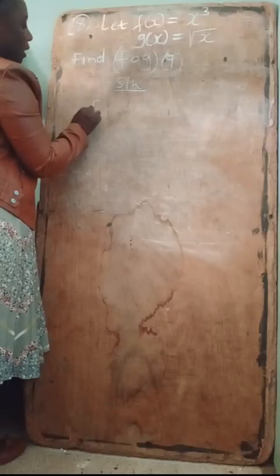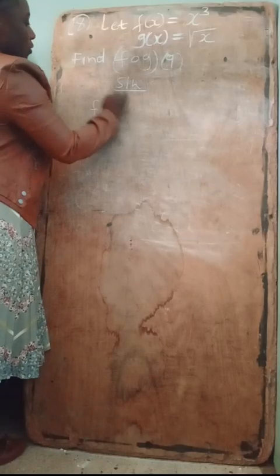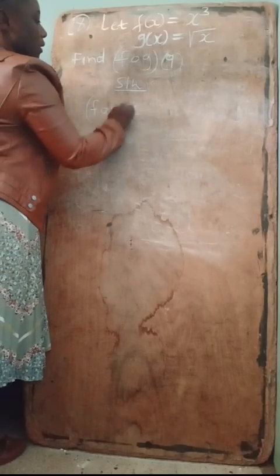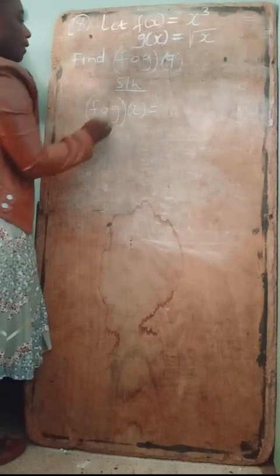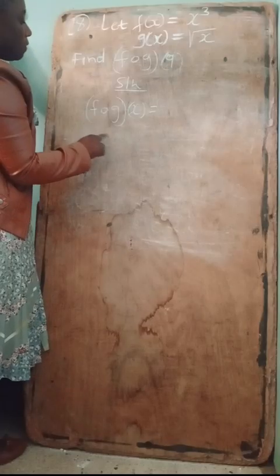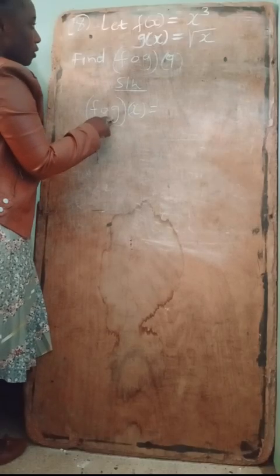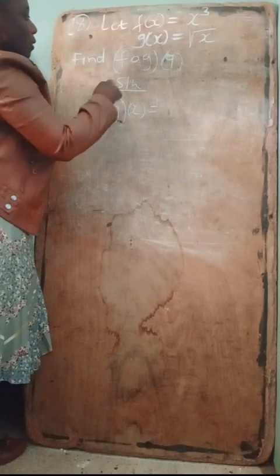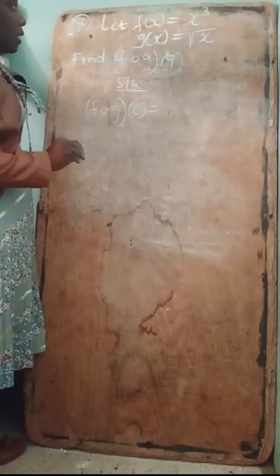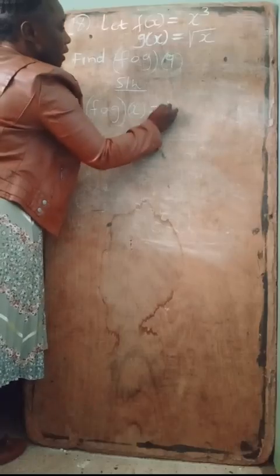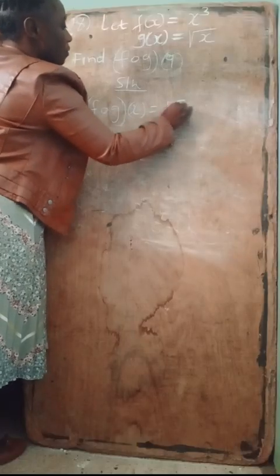So we are saying f of g of x first should be equal to, okay, let's put it in the function of f. We are putting the function of g. So where are we putting this function? Where there is x. So there we have the square root of x.